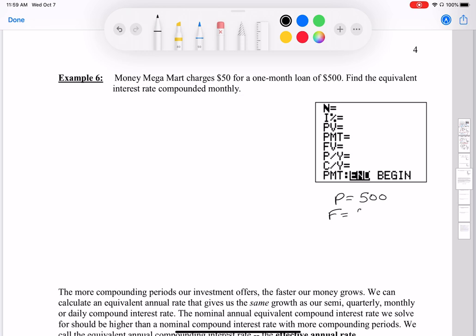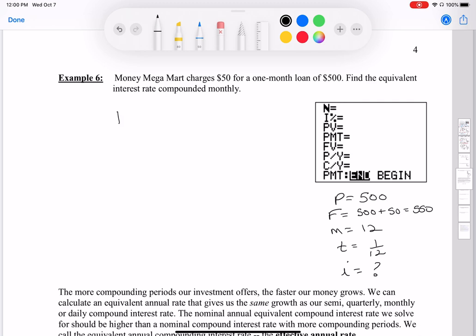So our future value is going to be the 500 plus the 50, or $550. We know that it's being compounded monthly, so our M value is 12. And the duration of the loan is 1 month, so 1 divided by 12, because of course that has to be in years. And we want to know what is this interest rate that we're being charged.